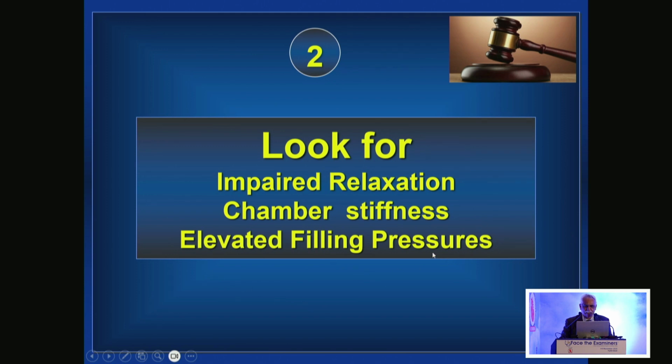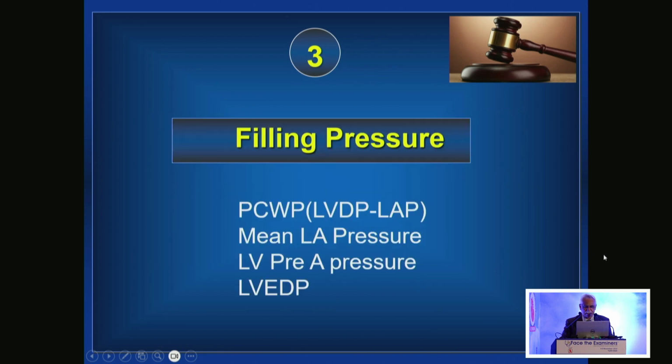important one. It is not enough if you say there is diastolic dysfunction; we have to say whether the left ventricular end diastolic pressure is normal or increased. When we say diastolic pressures, there are too many pressures: the pulmonary capillary wedge pressure, mean LA pressure, LV pre-A pressure, and LV end diastolic pressure.